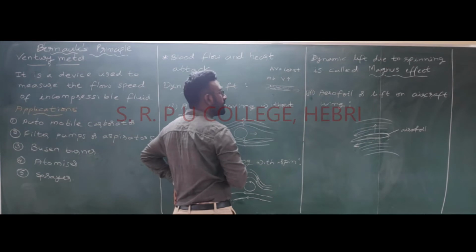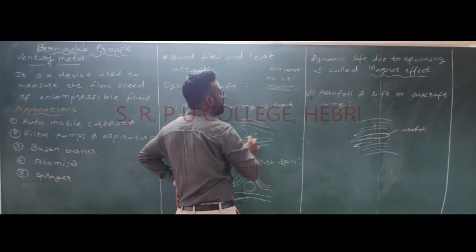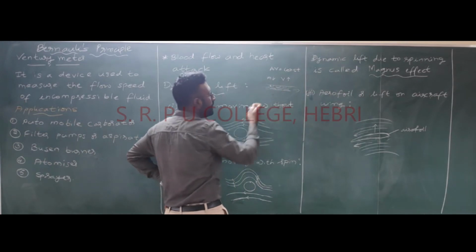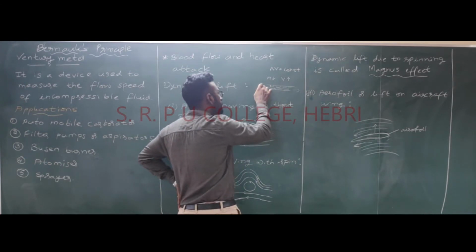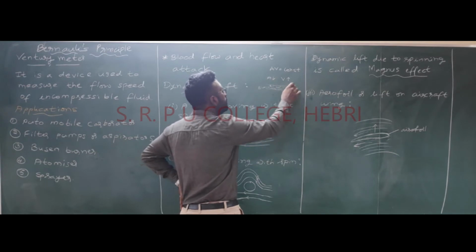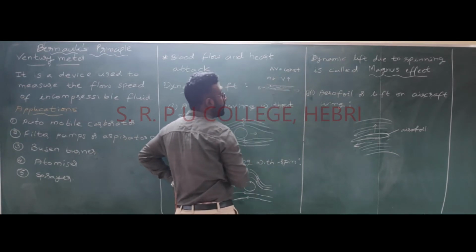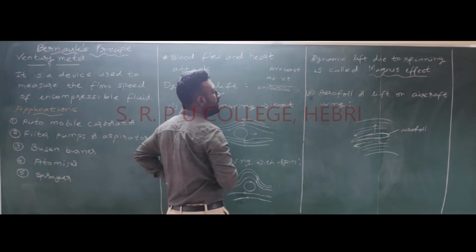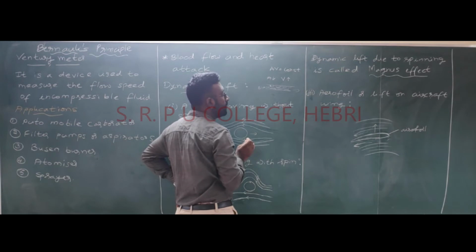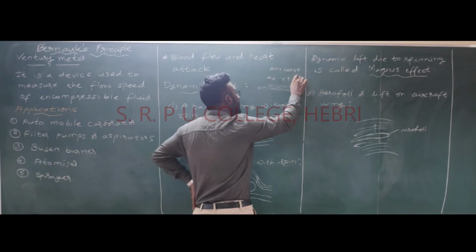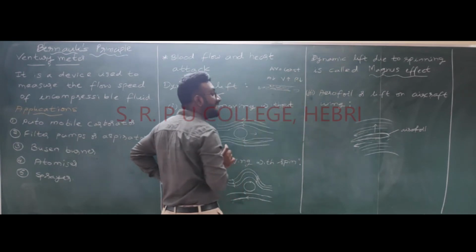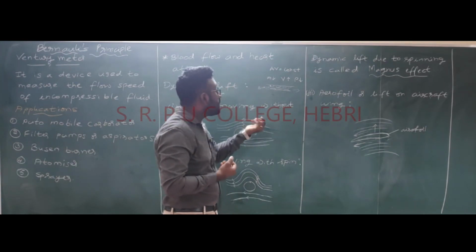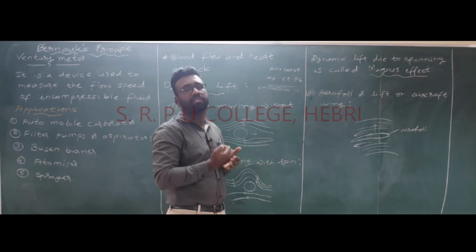Now when a vein has fat deposition, the blood flowing through it will have high velocity. When there is high velocity, the pressure in that area decreases.